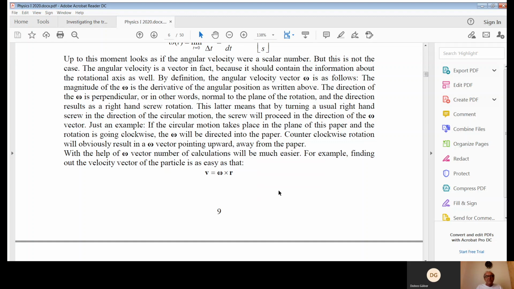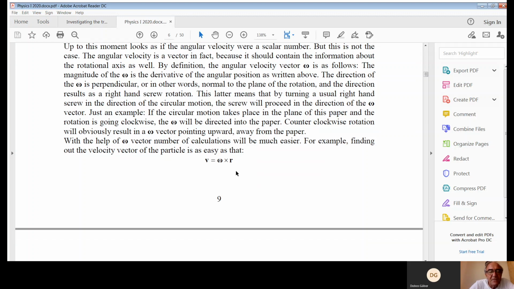We will be able to use this omega vector for having the results in mechanics, just because, as we know, we will have the result as a vector, and we will be able to find out not just how fast it is, but what direction it is.